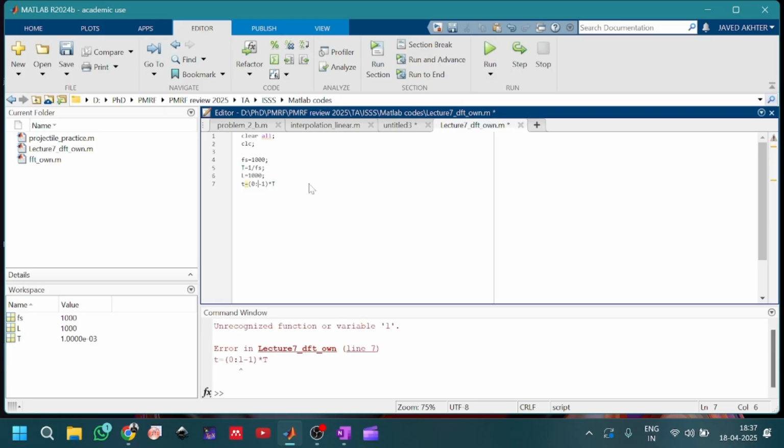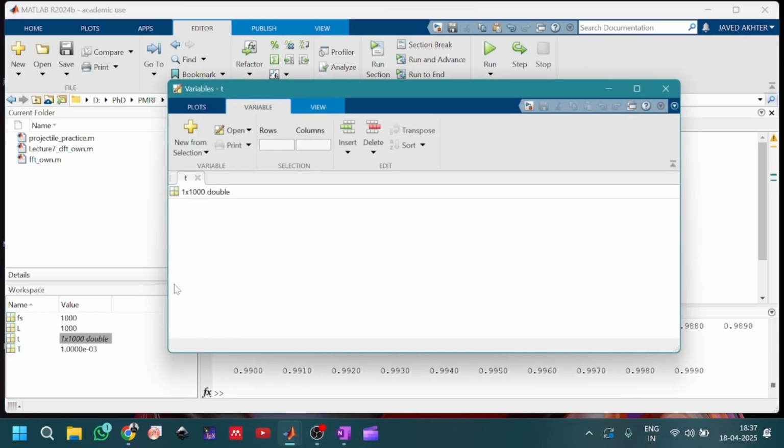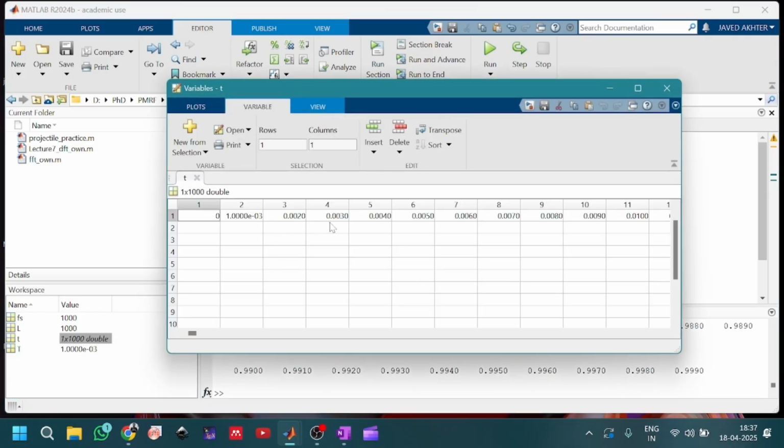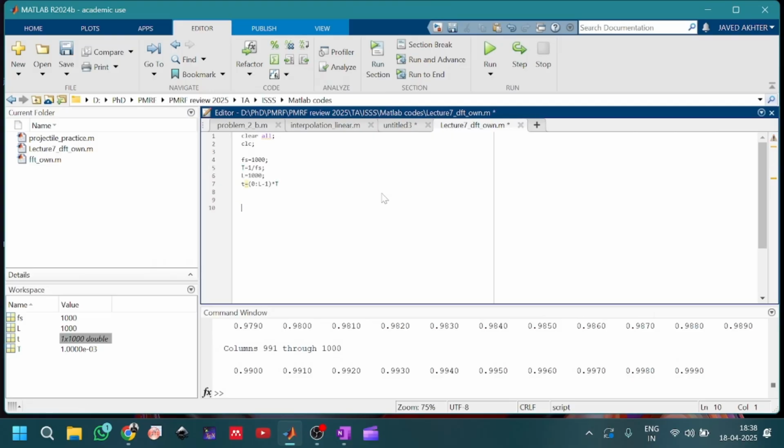Okay, I have to write it in capital. You can see that our time array is created here. Suppose this is our time array, and let me create a signal for this time array.